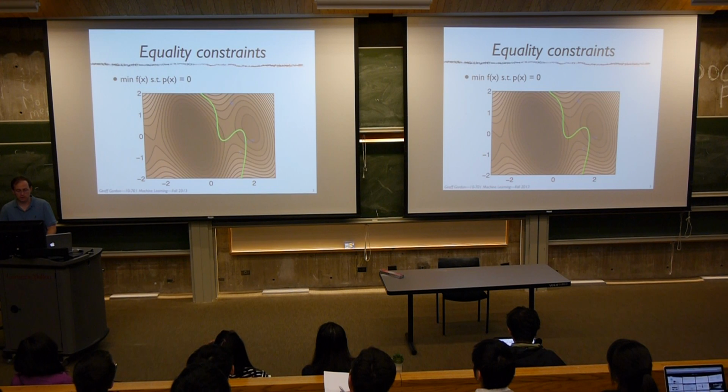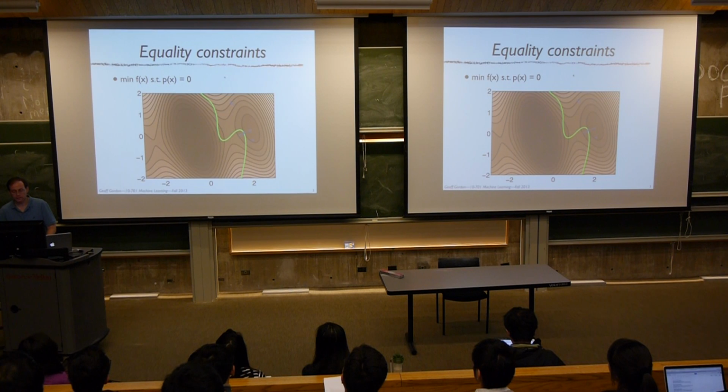The optima are going to be the places like this one, where the gradient of p and the gradient of f could be different lengths, but they're supposed to be pointing in the same direction. So we had that the gradient of p at x is equal to lambda times the gradient of f at x.